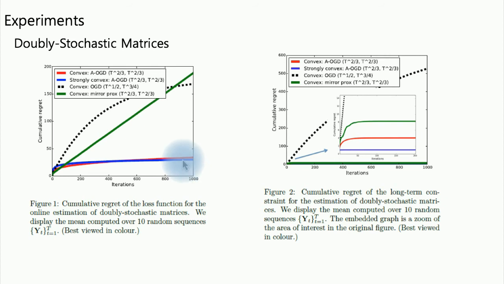And also, while convex mirror flux and convex AOGD should theoretically exhibit the same behavior, the result suggests that the mirror flux is not able to decrease cumulative regret at the same rate as our proposed method.